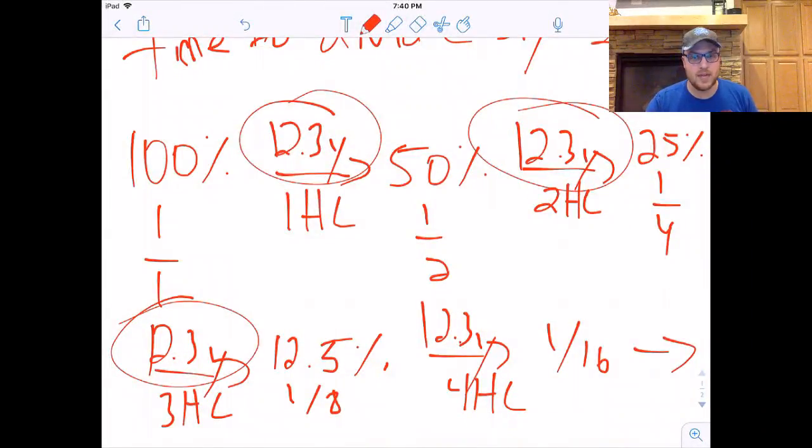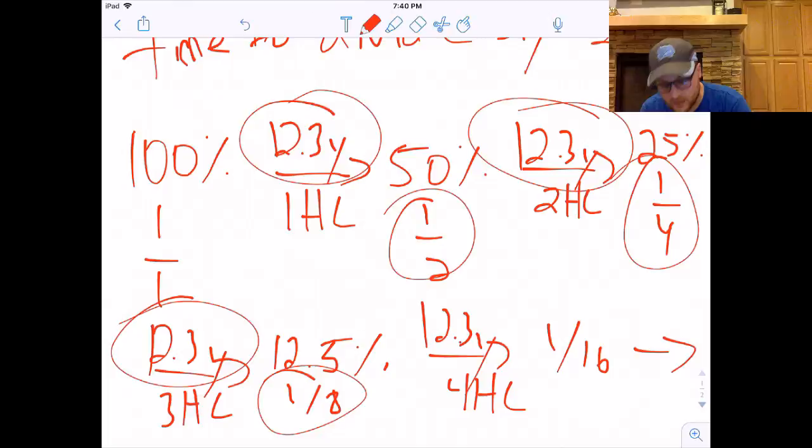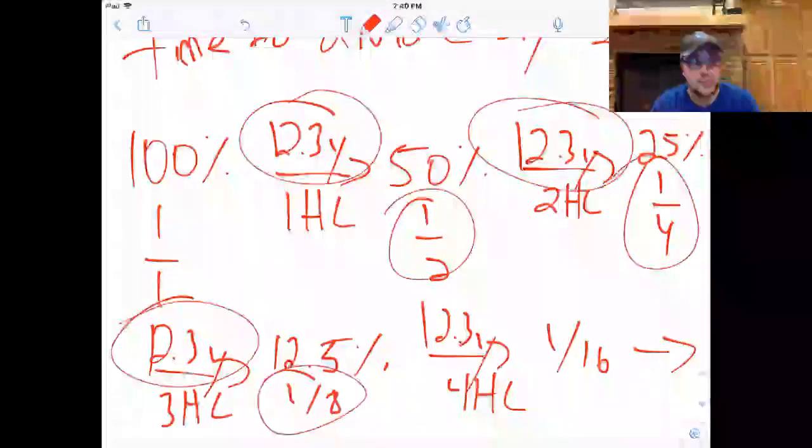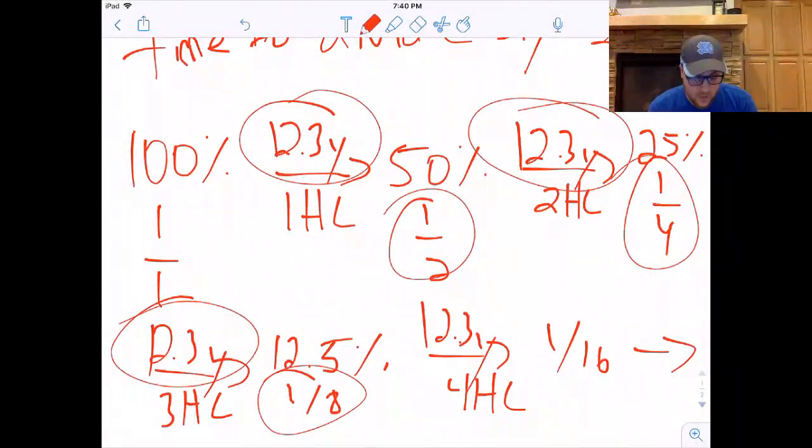Or 1/8 of the unchanged sample remains? Again, just keep dividing by 2 until you get to 1/8. 1, 2, 3. Add up all those years, 12.3 times 3. Again, you get about 37 years. So whatever the problem is, you kind of approach it the same way.